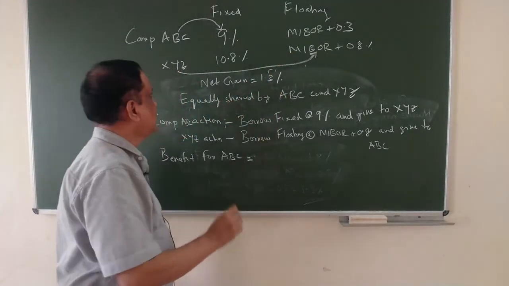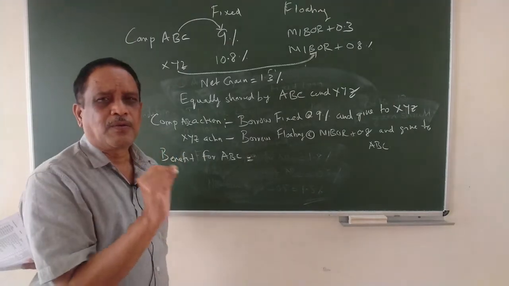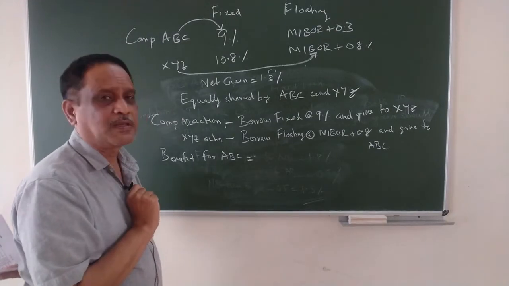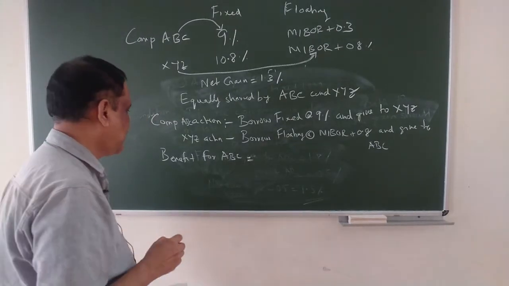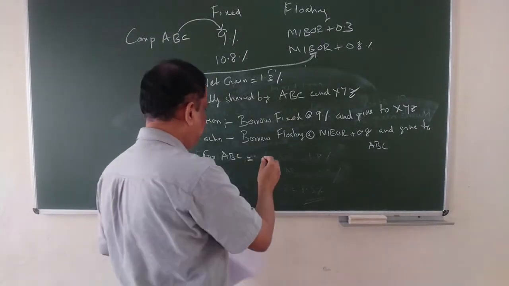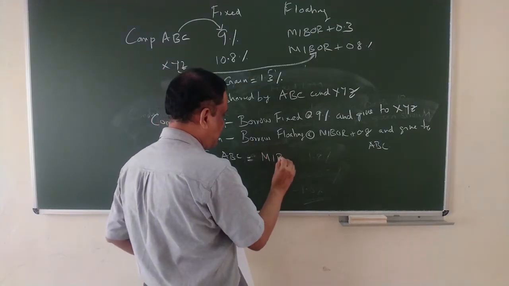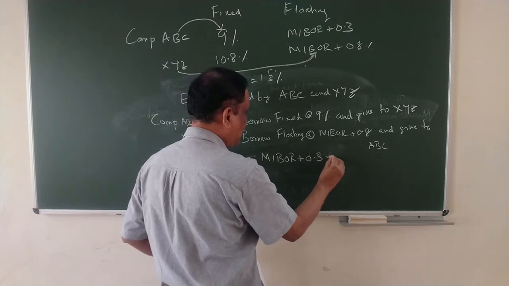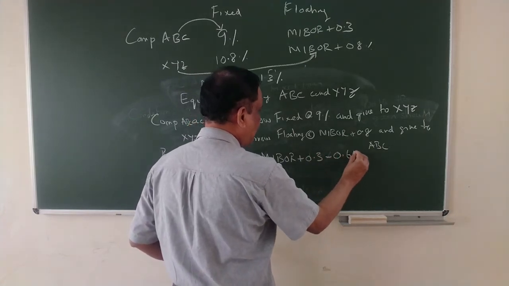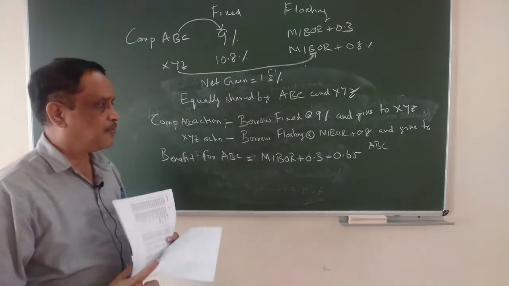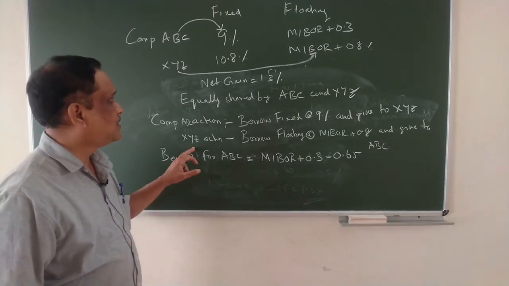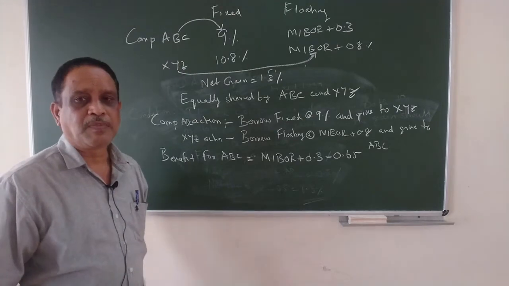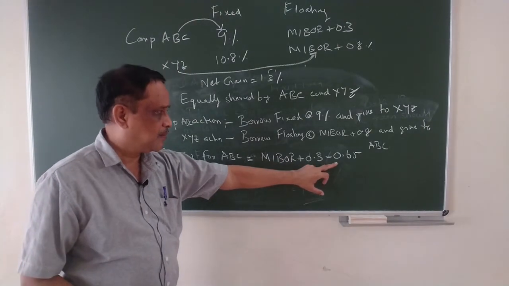Suppose ABC wanted to take loan directly, floating rate of loan, it would have taken at LIBOR plus 0.3. But here, what will happen is LIBOR plus 0.3 minus 0.65 rate will be given by XYZ to company ABC because of the benefit.